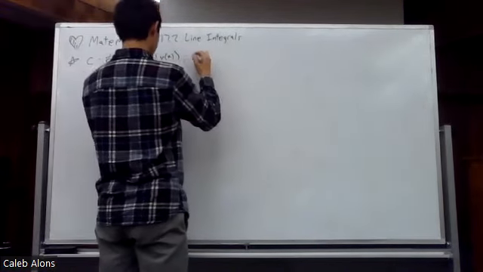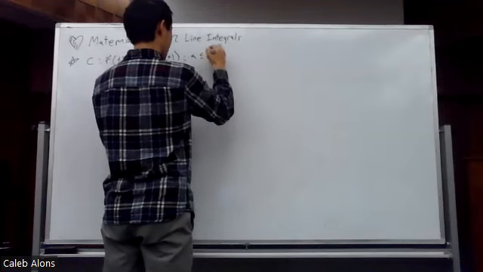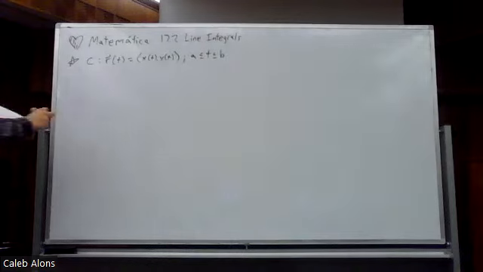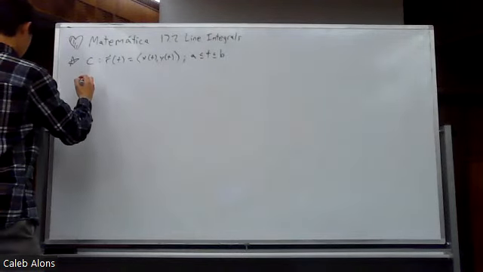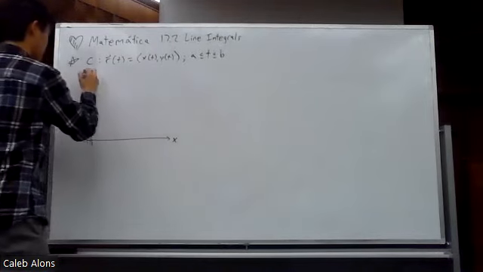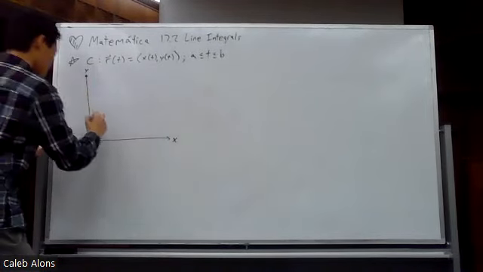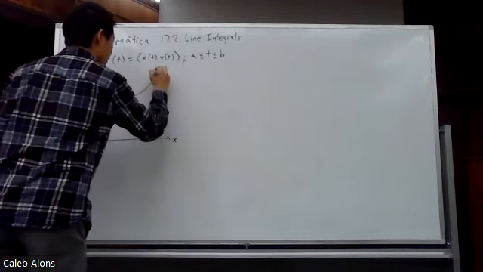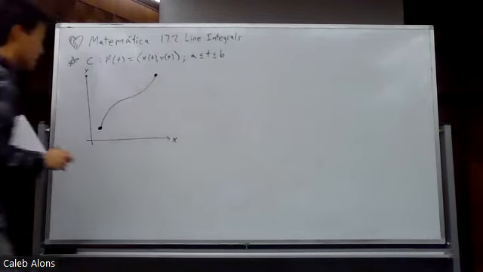and then we always have a specify a to b interval for the parameter. And so what's going on here is if I draw here's x, y, and I have a curve that starts somewhere, ends somewhere. This is parameterized in R2.